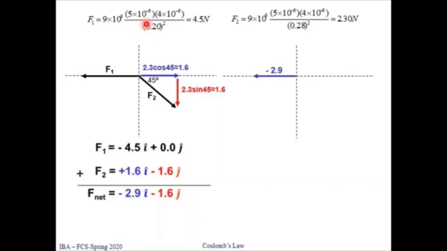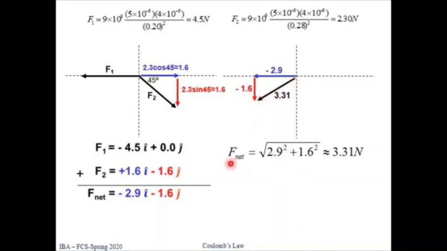Let me draw this vector in this coordinate system. Minus 2.9 i cap means this must be along the negative x-axis, and minus 1.6 j cap means this must be along the negative y-axis. The resultant of these two vectors can be drawn through the head to tail rule, and mathematically it can be determined through this method, which will be 3.31 Newton.